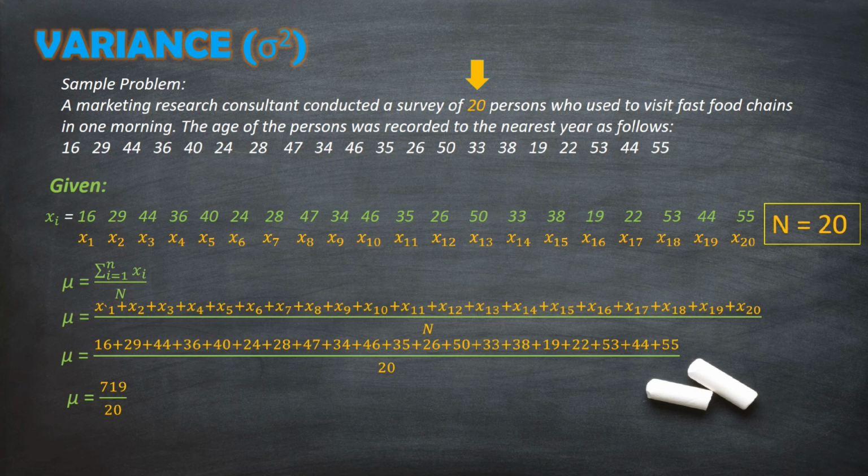All in all, that is 719 divided by our population size, which is 20. To get the value of our population mean, we just have to divide 719 by 20. That is 35.95. This is our population mean, which we will be using in getting our variance later on.